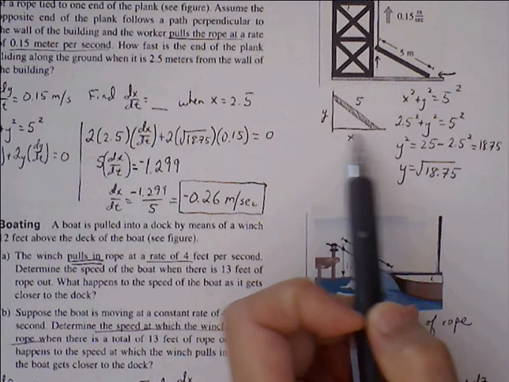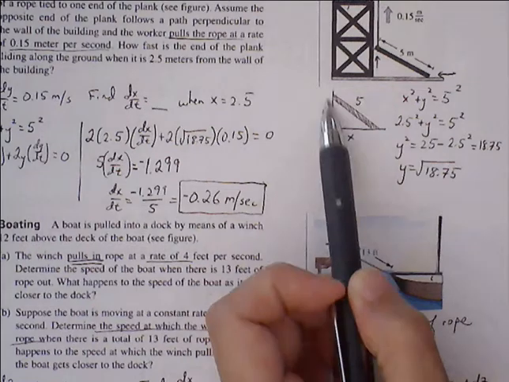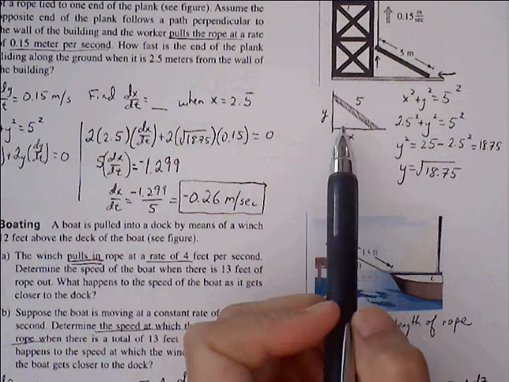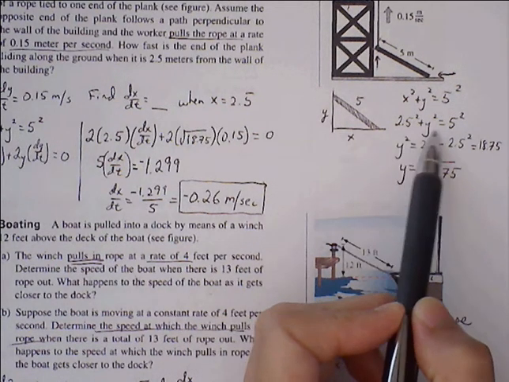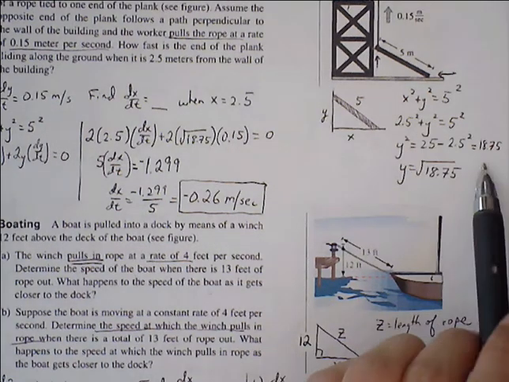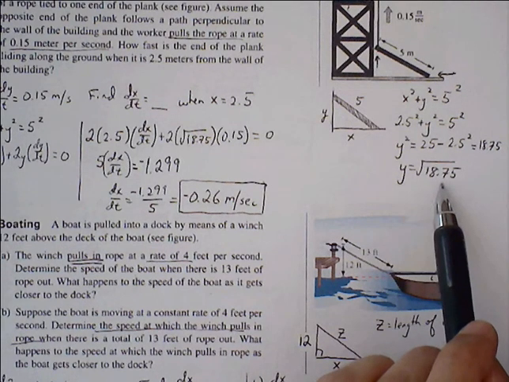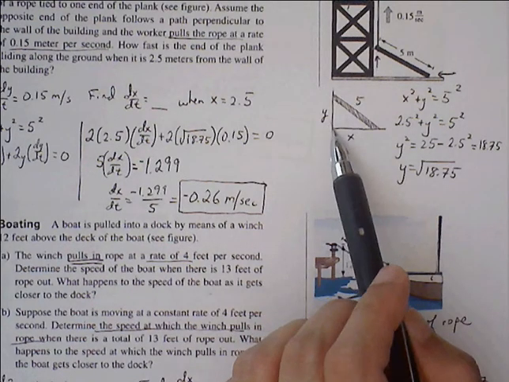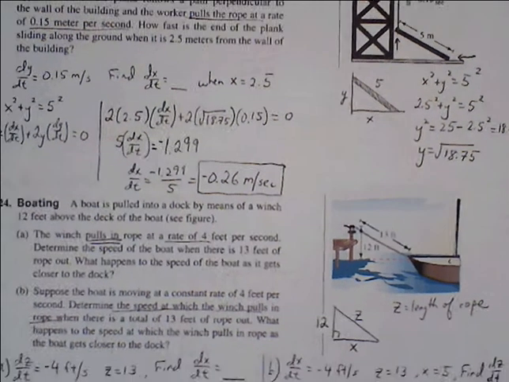At the moment when x is 2.5, we can plug in 2.5 for x, and from there we can figure out what the y value is at this specific time. So 2.5 squared plus y squared equals 25. Subtract 2.5 squared from both sides. We get 18.75. Take the square root. We get the square root of 18.75. So root 18.75 is the exact value of this vertical length at the moment when this horizontal length is 2.5 meters from the wall.